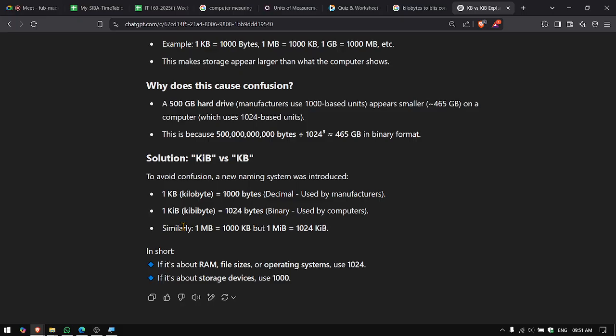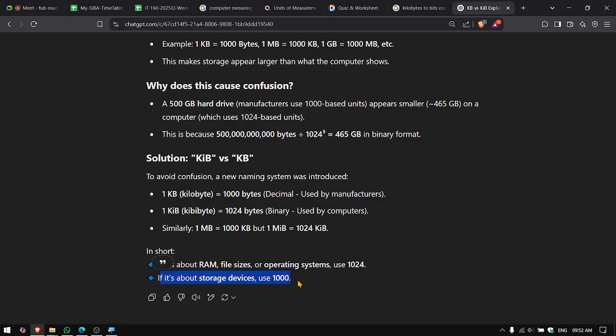Similarly, 1 MB equals 1000 KB, kilobytes, but 1 mebibyte equals 1024 kibibytes. Anyway, if it is about RAM, file size or operating system, use 1024. If it is about storage, you can use 1000, right?